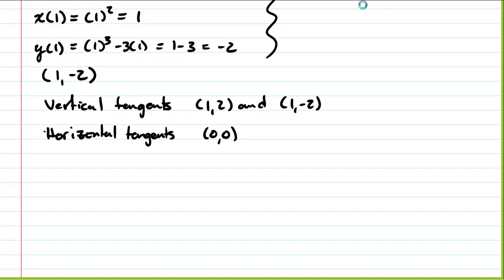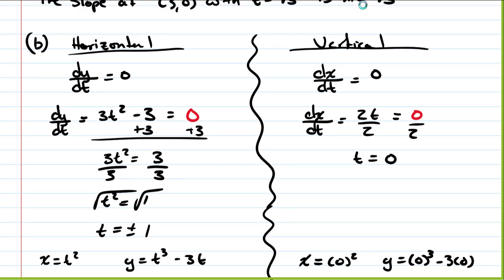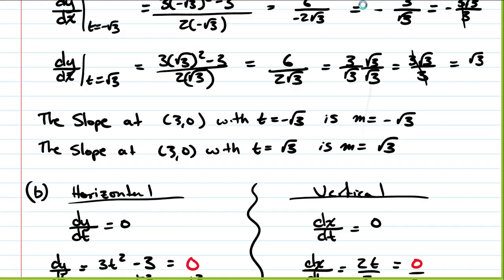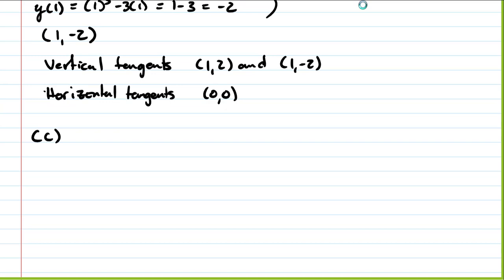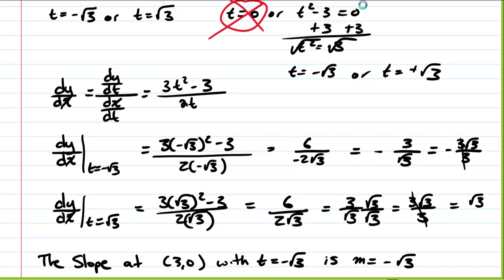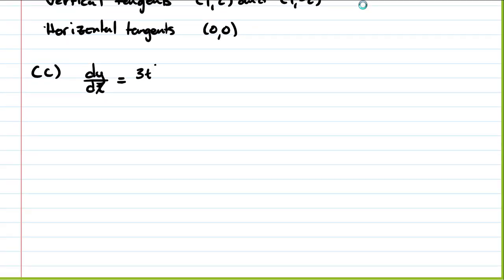So part C wants us to determine the concavity of the graph. Well, we have our derivative that we calculated back in part 1. So we have dy/dx equal to (3t squared minus 3) over 2t. To find concavity, we need the second derivative.